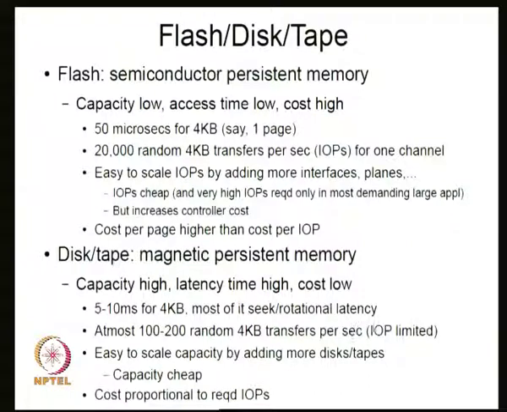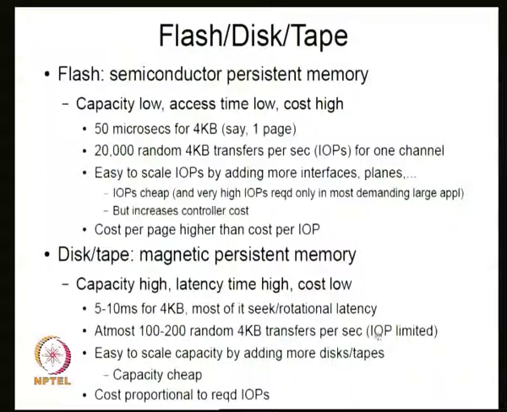Suppose you want to support 10,000 accesses per second, and 100 4 kilobyte transfers per second is happening on each disk. That means you need at least 100 disks working concurrently.